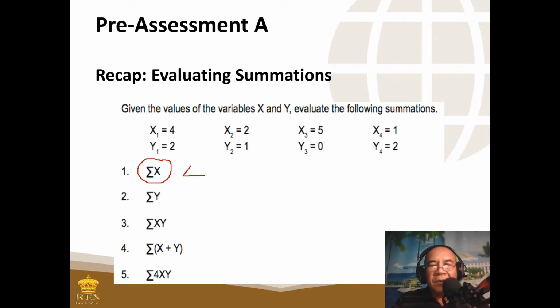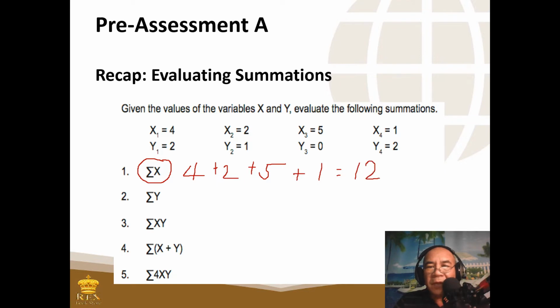So it is 4 plus 2 plus 5 and plus 1. So the summation of x is equivalent to 4 plus 2 is 6, plus 5, 11, plus 1, it is equivalent to 12.